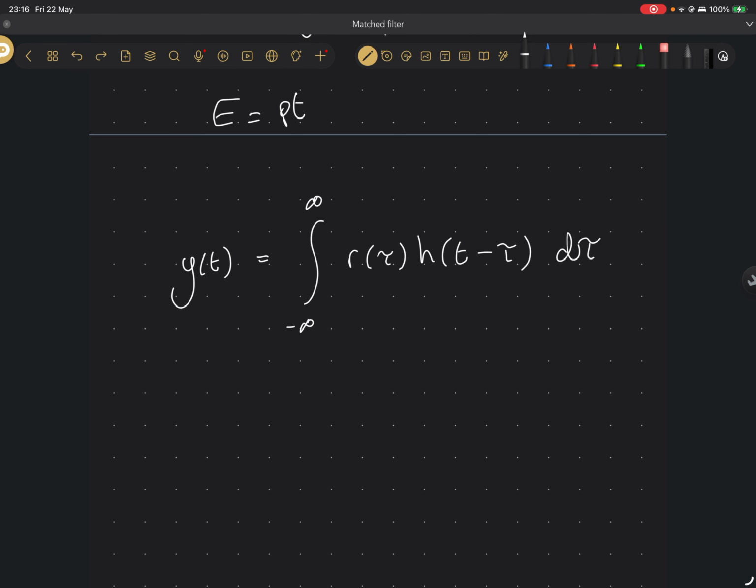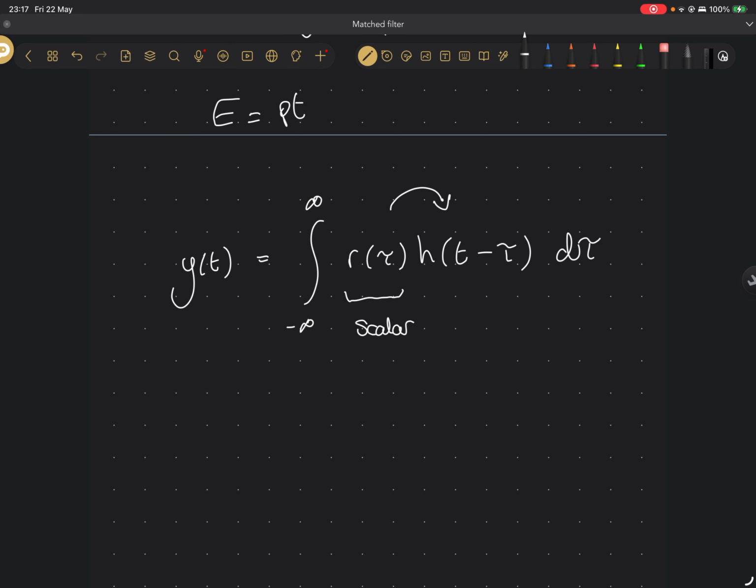So tau, for example, in the received signal, this just gives us a scalar. This gives us a value, some sort of amplitude, and that is scaled by the impulse at that specific time, shifted of course.